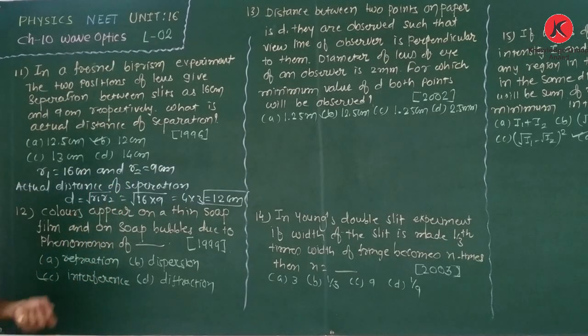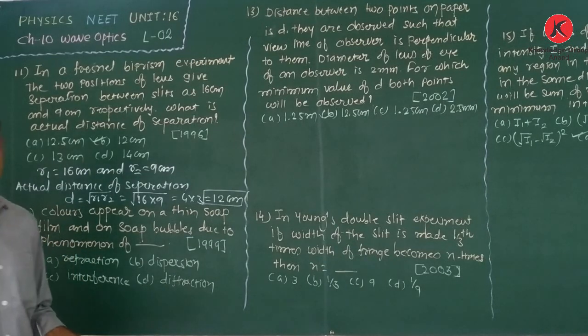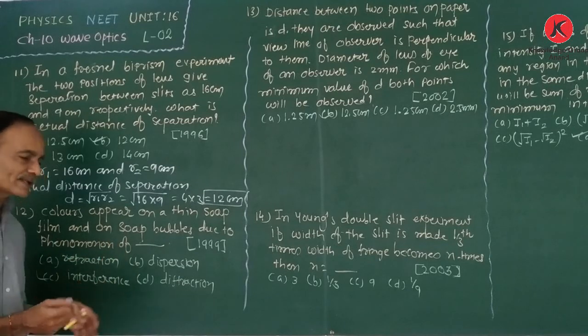Okay. Next, color appears on a thin soap film and on a soap bubble due to the phenomenon of what? We have the experience that when sunlight is incident on a layer of soap solution or a soap bubble, we see a colorful bubble or colorful layer.